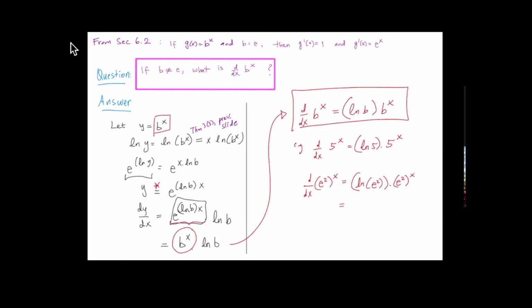And we can simplify this if we want. This is the same as 2 times natural log of e times e to the 2x, but natural log of e is 1. So 2 times e to the 2x is the derivative of this function. And that makes sense because we could also compute this using chain rule and get the same thing.